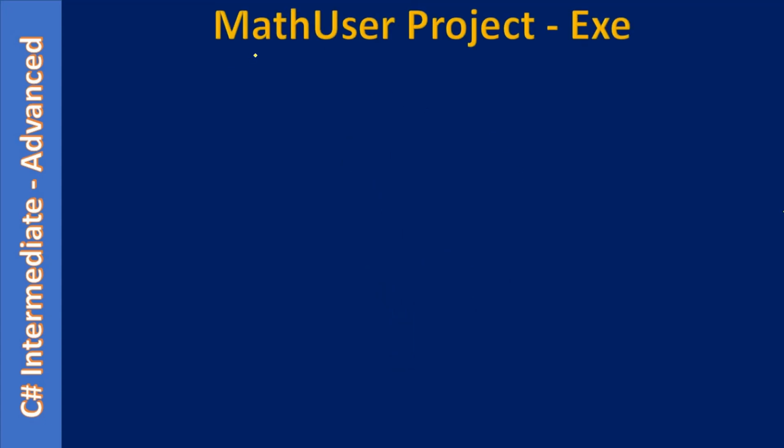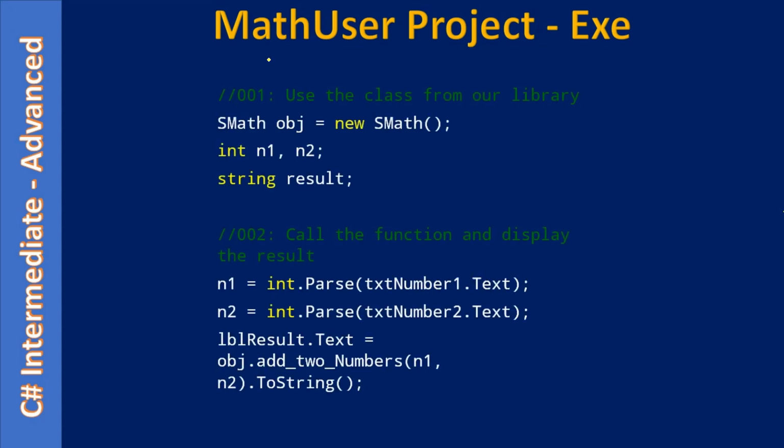So next we are going to create a mathuser project. That's an exe project. This exe project will consume the DLL which we created previously. So if you see here, we simply construct the SMath.